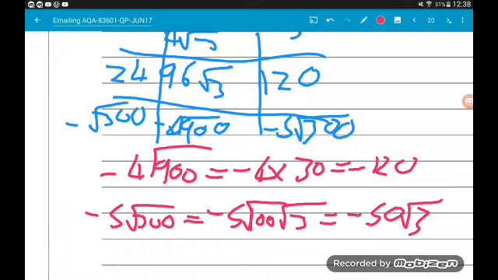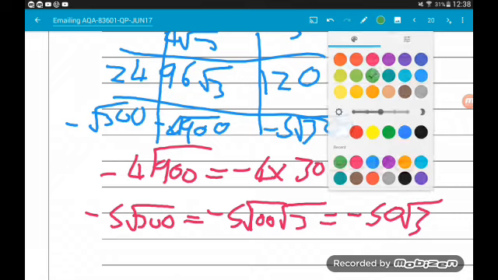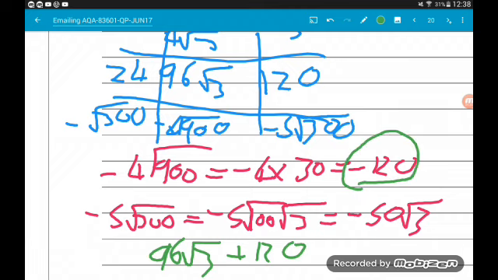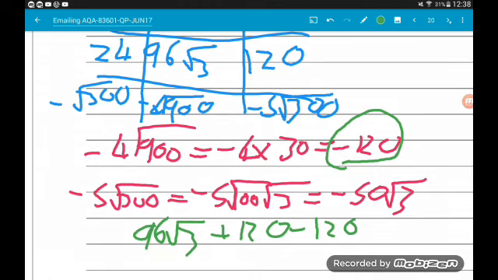Now we can get our expression. So what have we got then? We got 96 root 3. Then we've got plus 120, but we've also then got this minus 120, so they're going to cancel out, and then we've got minus 50 root 3.